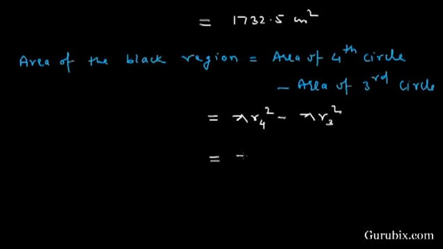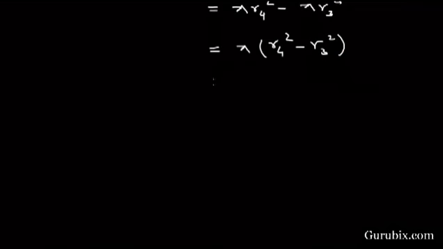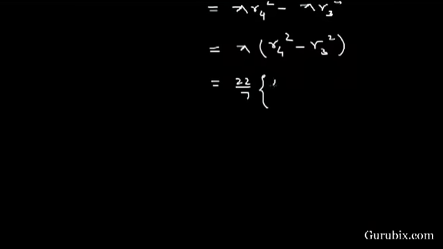Here we have pi times r4 square minus r3 square. Pi is 22/7, r4 is 42, so we shall find the square of 42, minus r3 is 31.5, so we shall find the square of 31.5, and here we have centimeter square.